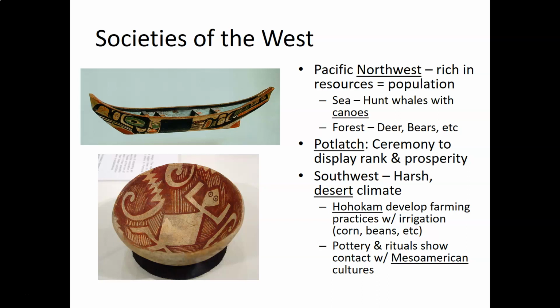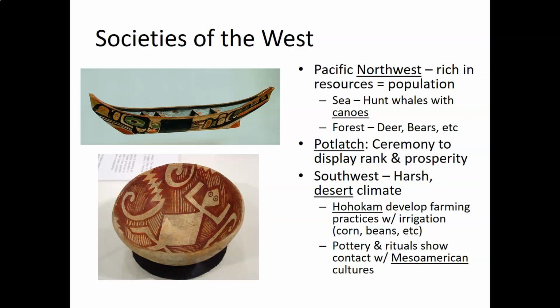Now to move down to the south, in the Southwest, this is a much different climate than what we see in the rainy, resource-rich Pacific Northwest. In the Southwest, we see a very harsh, desert-like climate. And one group of people, the Hohokam, developed farming practices with irrigation techniques, which is important given the climate, but also as a technological feat for these people.